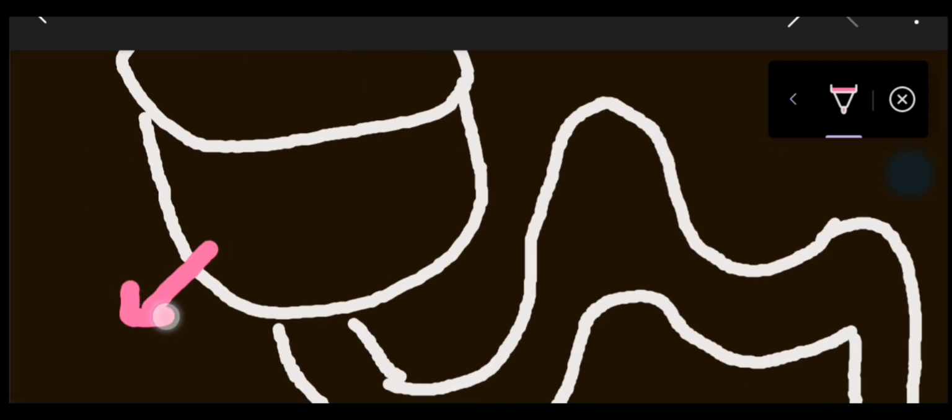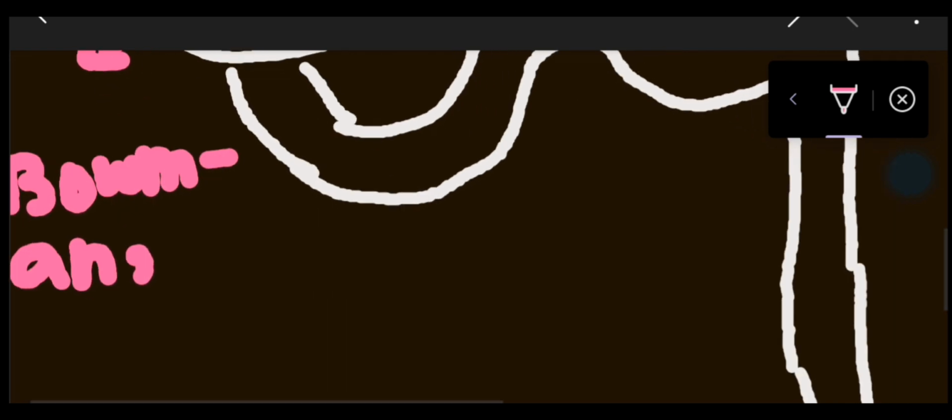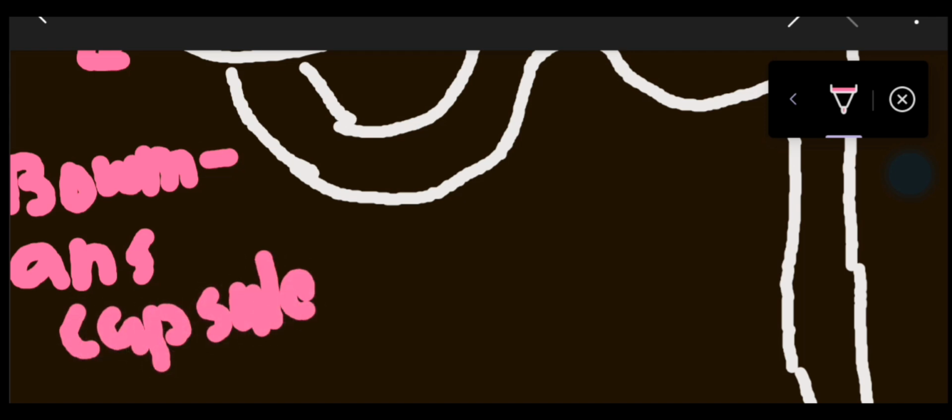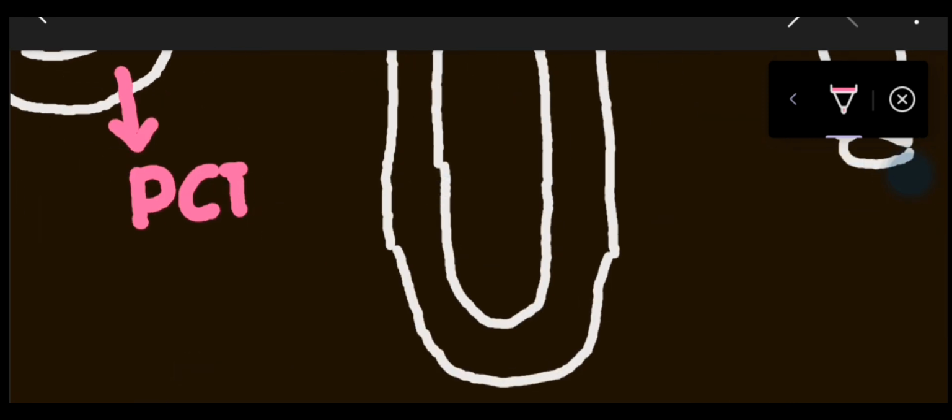This is Bowman's capsule. This is the proximal convoluted tubule, PCT. This is the loop of Henle.